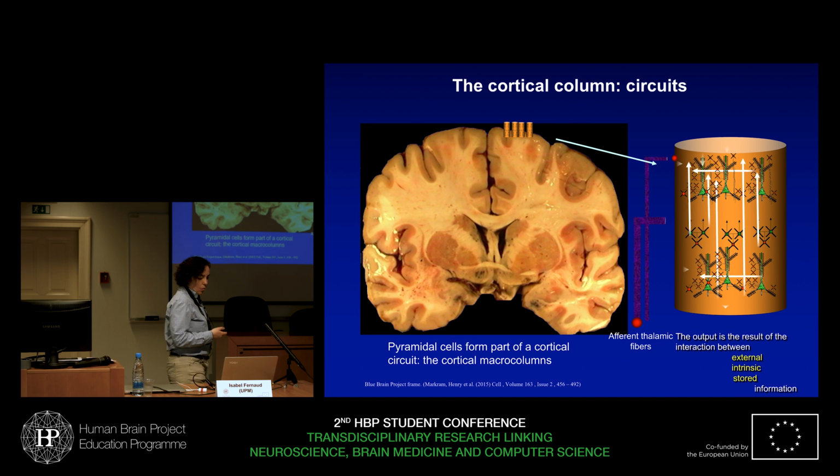And this is one of the main goals, actually: to know how these connections and the composition of the column work, the precise number of neurons that are present in these columns.